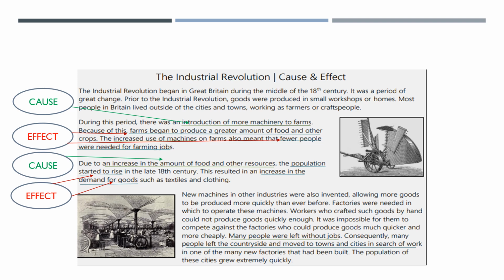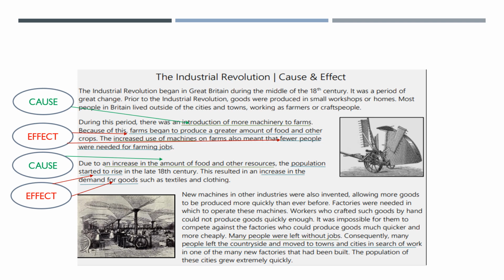In the second paragraph, the words due to show the relationship of cause and effect. Due to an increase in the amount of food and other resources, the population started to rise in the late 18th century. This resulted in an increase in the demand for goods such as textile and clothing.